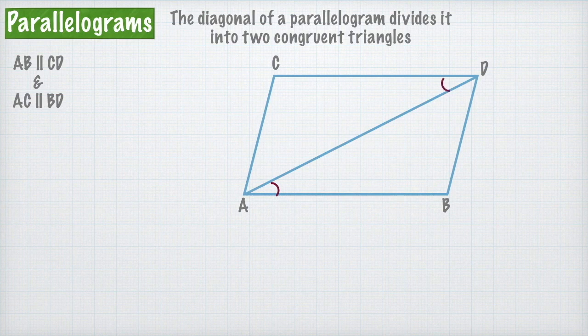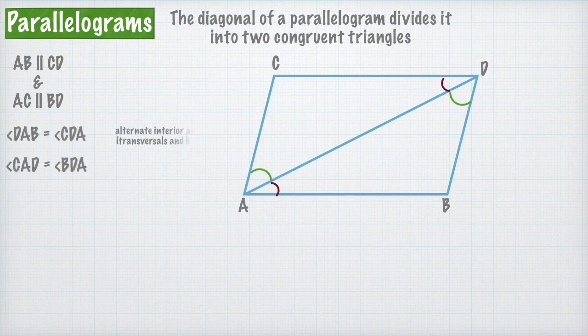Now I draw a diagonal across the parallelogram from A to D, and I notice that AD will work like a transversal between the parallel lines CD and AB. Now a transversal cutting across parallel lines implies that the alternate interior angles are going to be equal to each other.